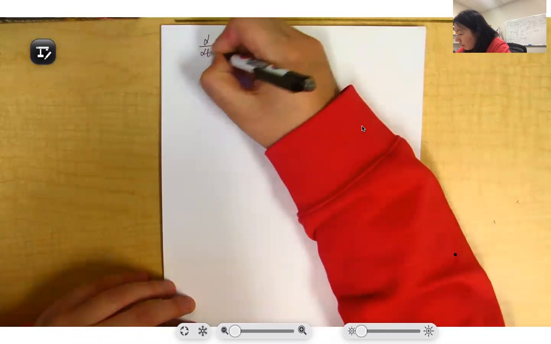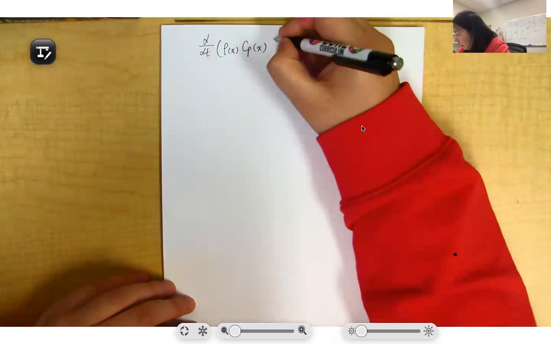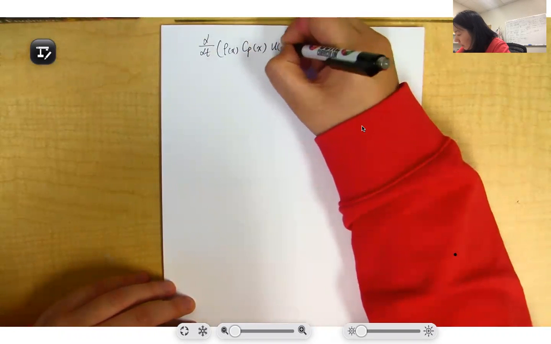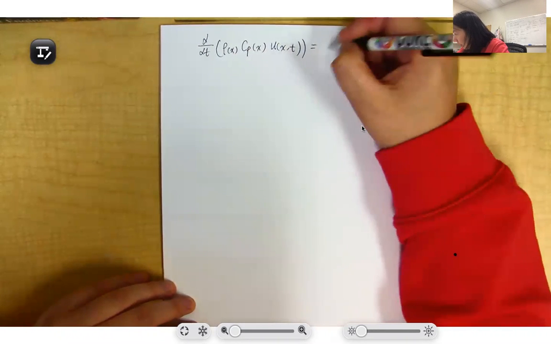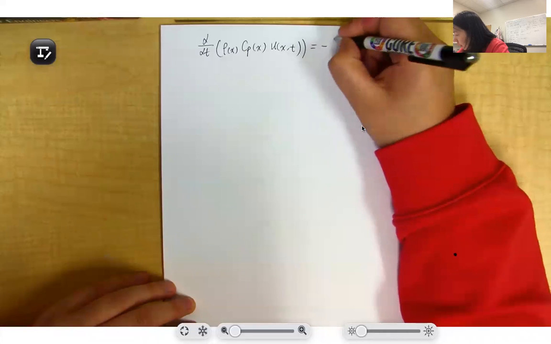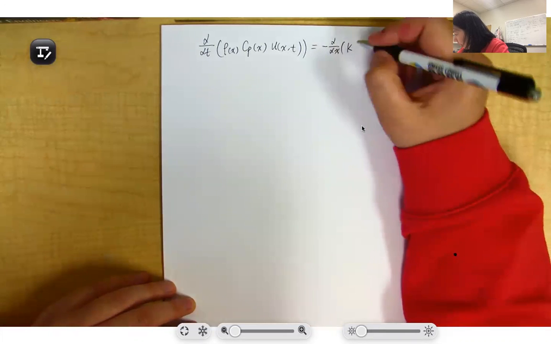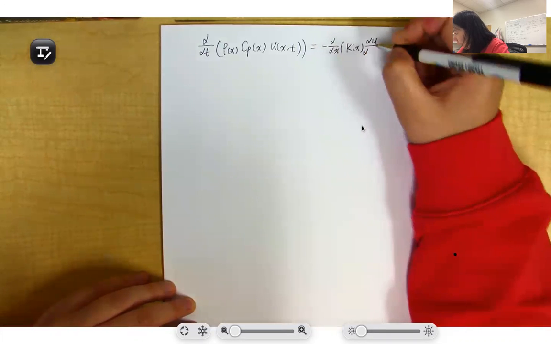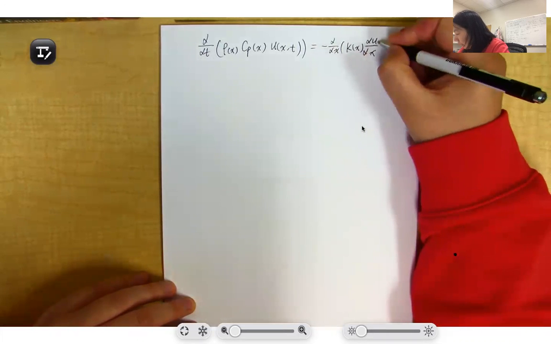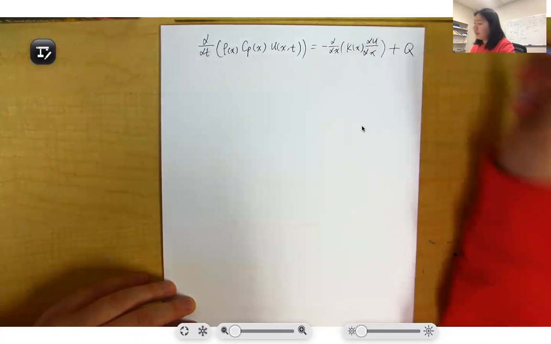Okay, so we have d/dt of rho(x) Cp(x) T, which is u(x,t), the temperature, equals minus d/dx of k(x) du/dx. This u is a function of x and t, plus some heat source.